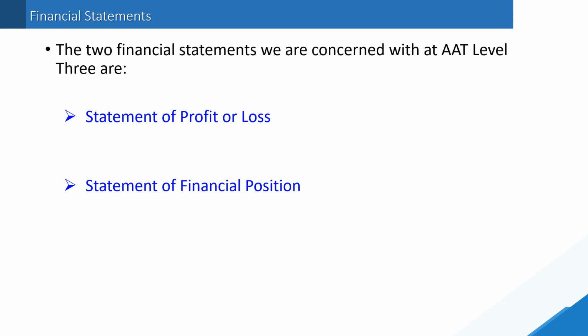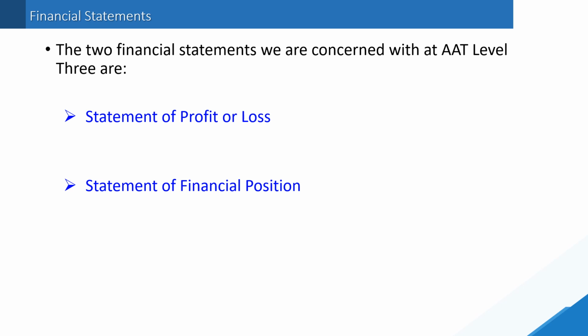The statement of financial position is often referred to as a snapshot of the business at a particular point in time. It shows the position of a business at a particular date, generally your accounting year end. This financial statement ultimately shows what a business owns, its assets, what a business owes, its liabilities, and how that business has been financed, its capital.